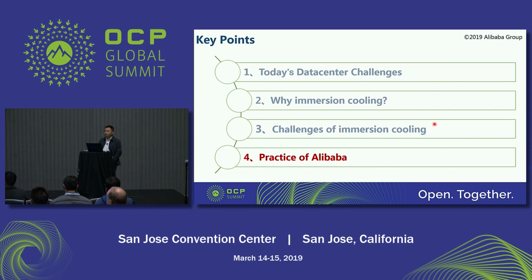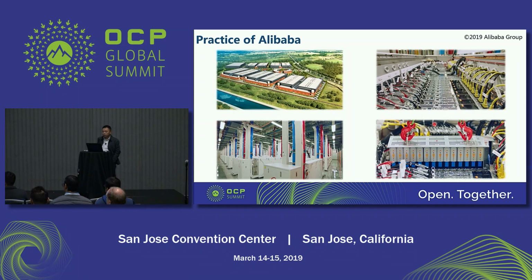Next is the fourth part, the practice of Alibaba. To reduce energy consumption and achieve environmental protection, Alibaba redesigned the data center architecture, creatively bringing the immersion cooling solution to its current data centers, as can be seen from this picture.